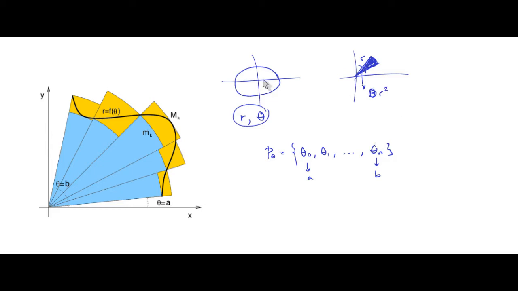Think about the circle: what's the area of the circle? We have pi times r squared. What's the angle of this circular sector? It's 2 pi, so it's 2 pi divided by 2 times r squared. That's the area of the circle.